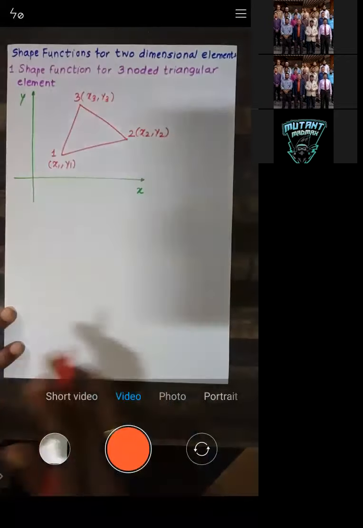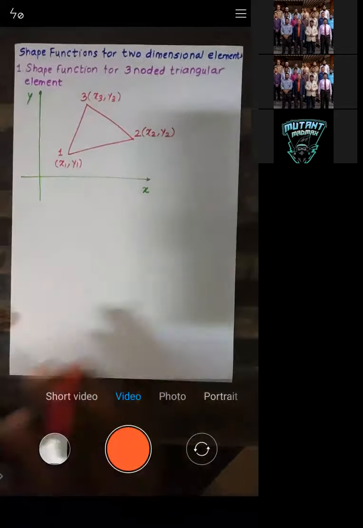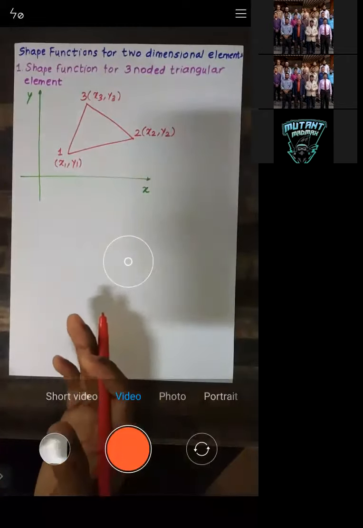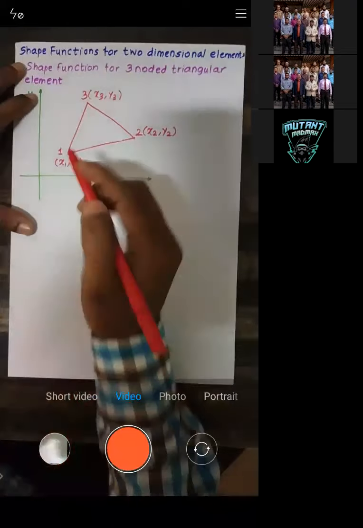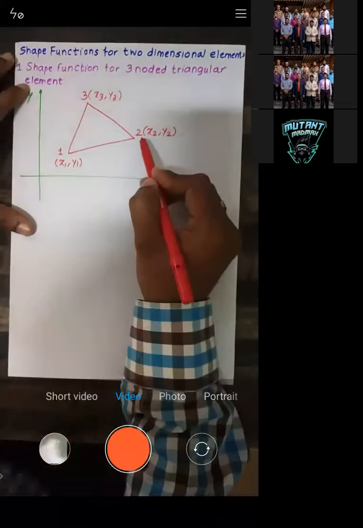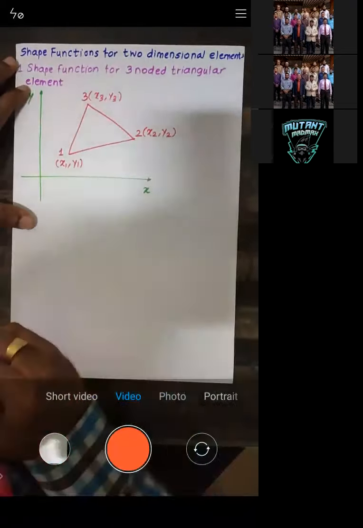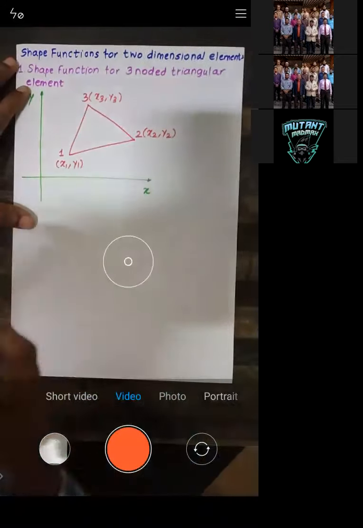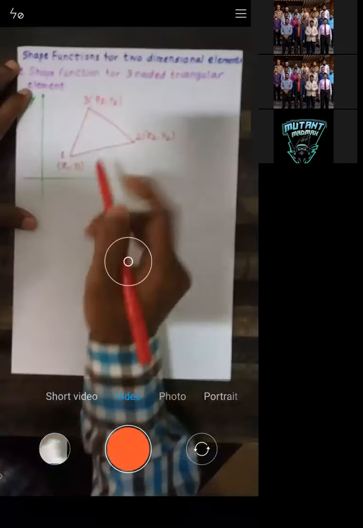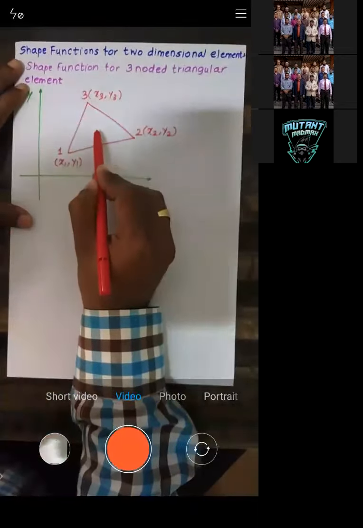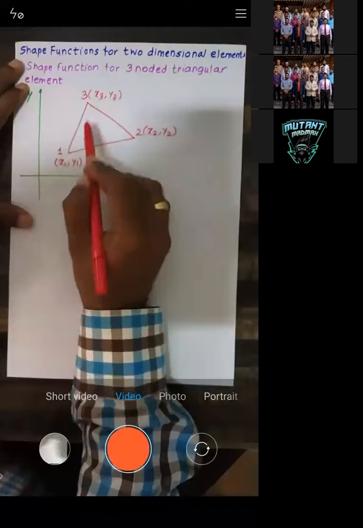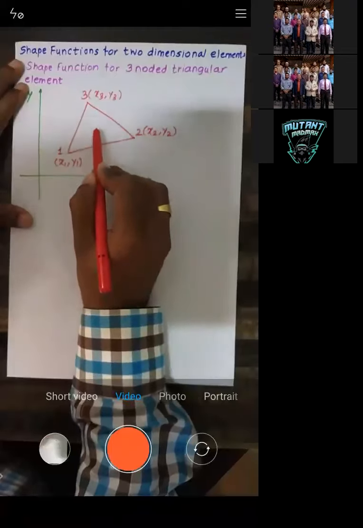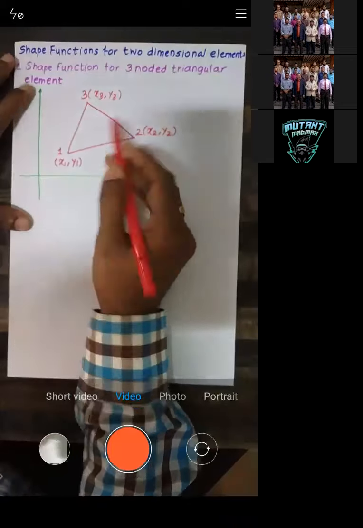Now let us start deriving the shape functions. You might wonder why we are studying this. If I give you the displacement at node 1, node 2, and node 3, and ask you for the displacement at a point lying inside this triangle, how will you calculate that?